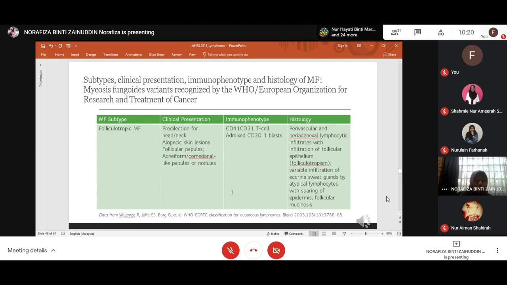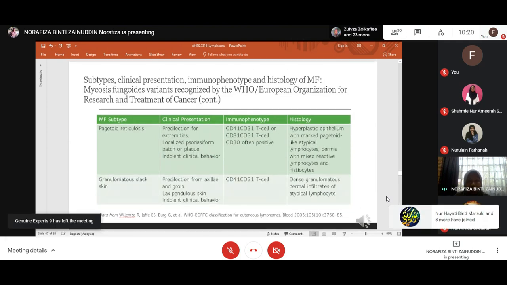So for folliculotropic mycosis fungoides, these are the clinical presentations, and these are the immunophenotype. And usually, histologically, you can see follicular tropism, variable infiltration of eccrine sweat glands by atypical lymphocytes.